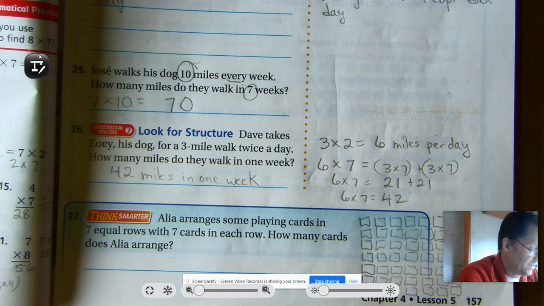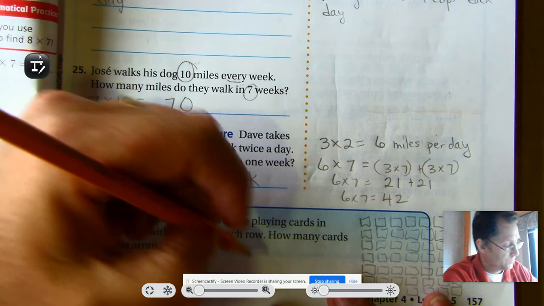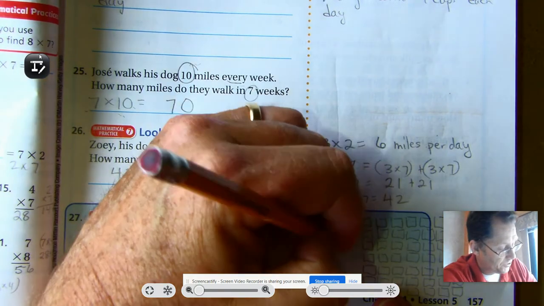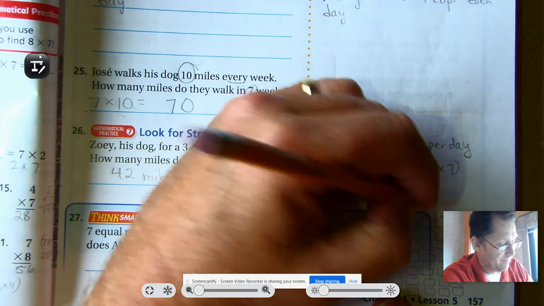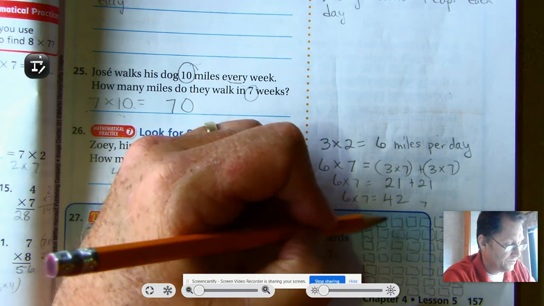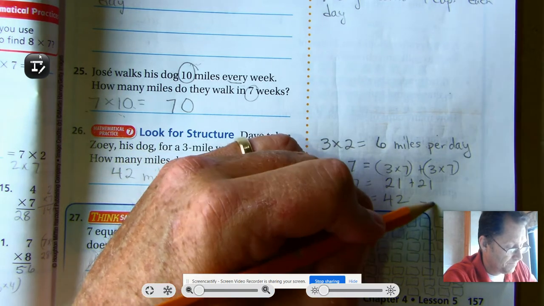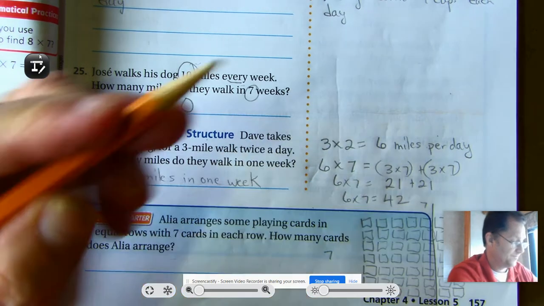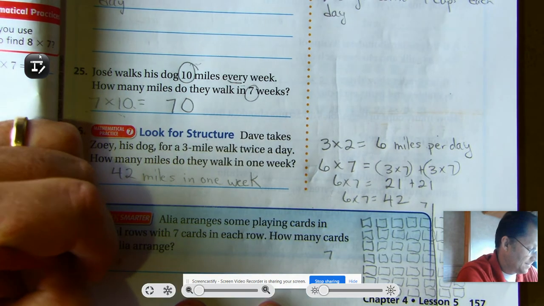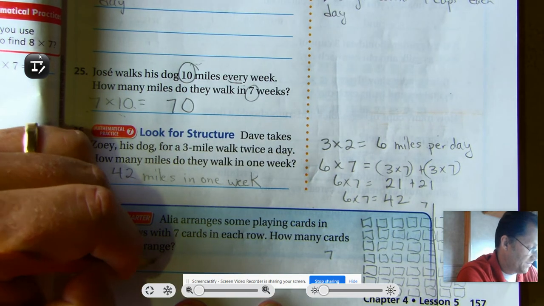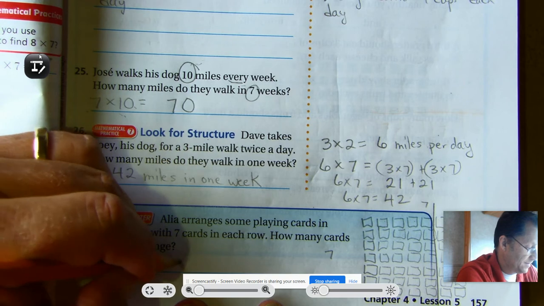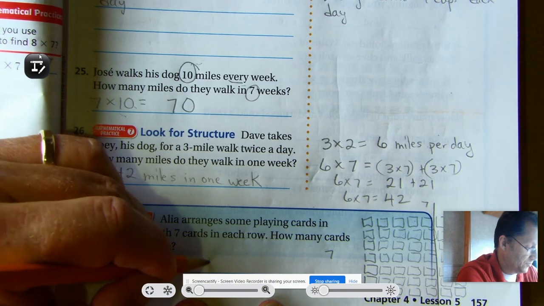So 7 rows of 7. How many cards does she arrange? So right now our array shows 7 and 7. So we can break this into 2 smaller arrays, which would be 7 times 5 plus 7 times 2.